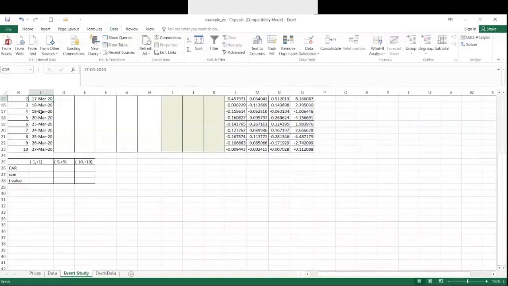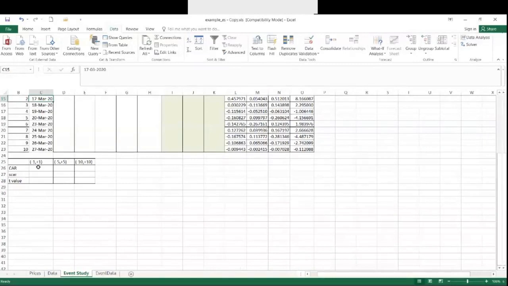We don't want to miss the effect that the news might have been expected by the market participants, building up over a few days. So along with testing the significance of individual days in the event window abnormal return, we also test the significance of the cumulative abnormal return.